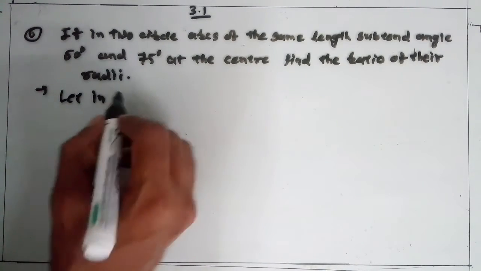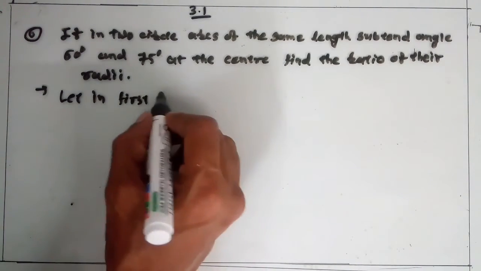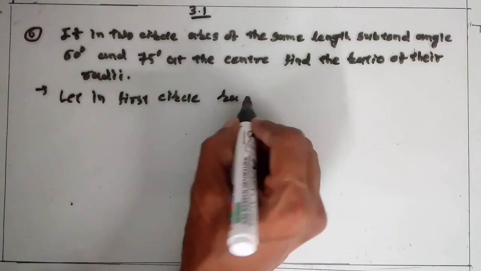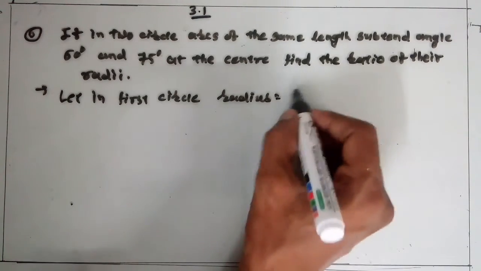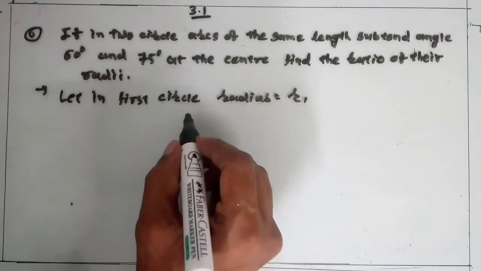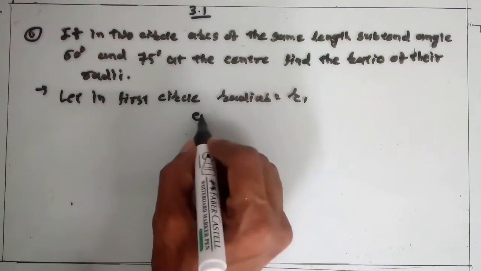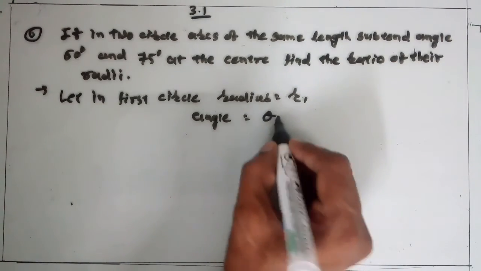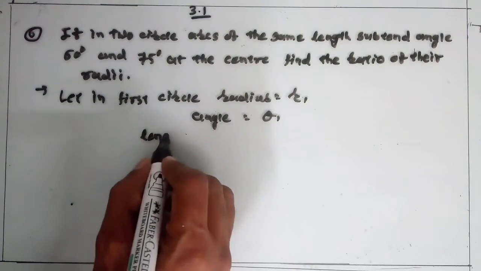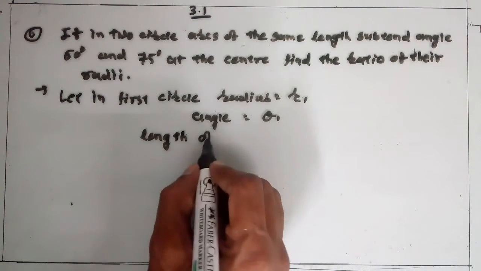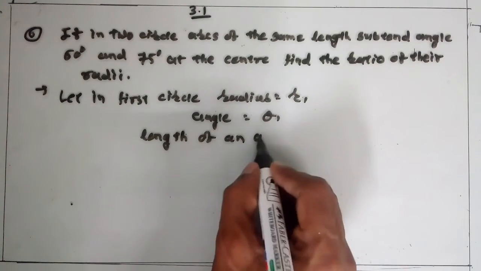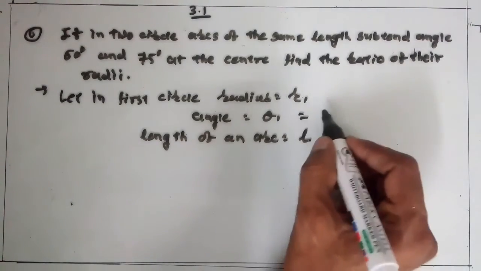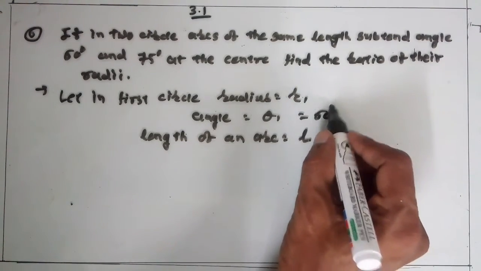Let in the first circle the radius be equal to R1, the angle subtended by this arc is theta 1, and the length of the arc is equal to say L. Here theta is already given as 60 degree.